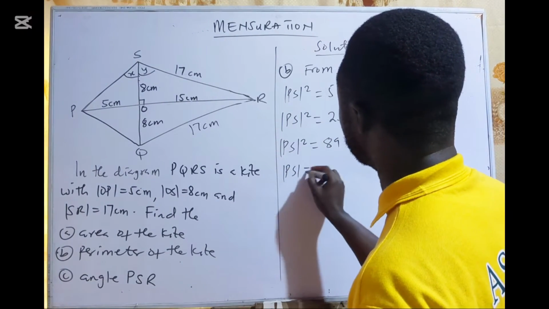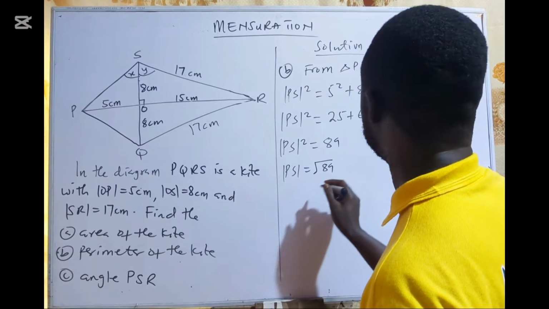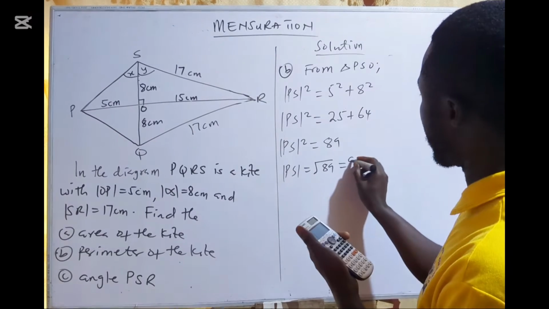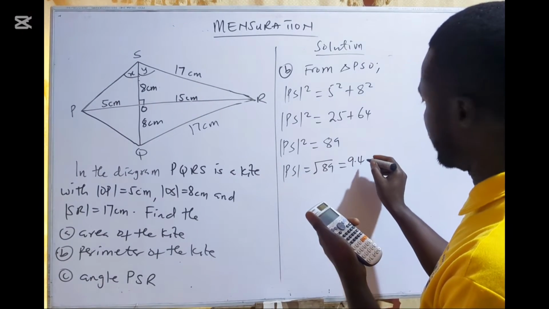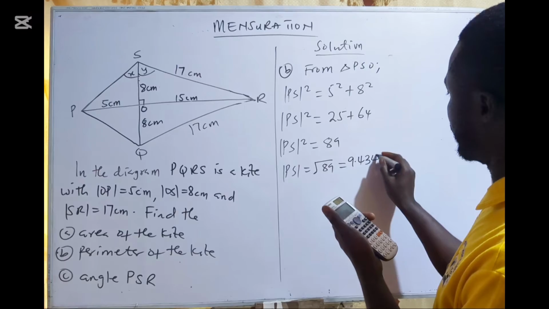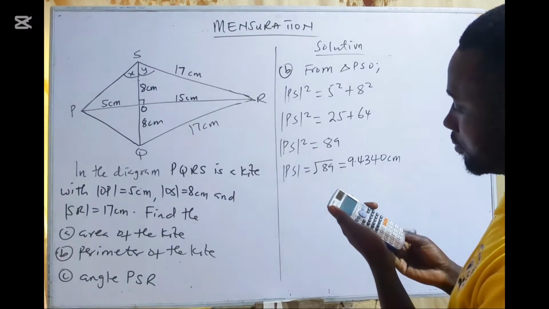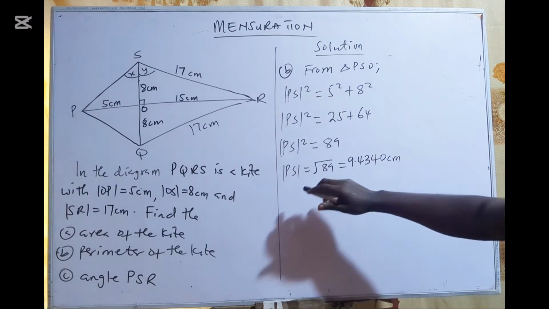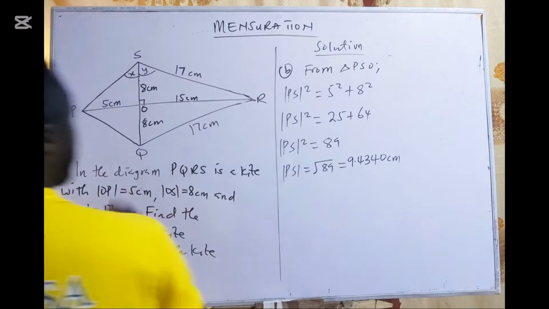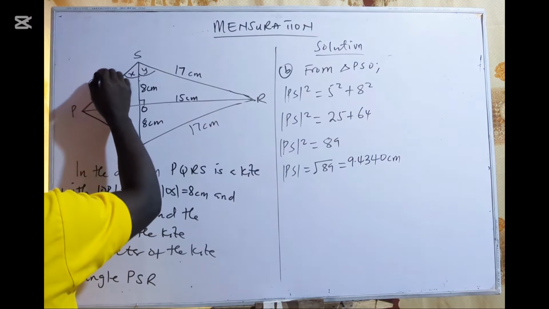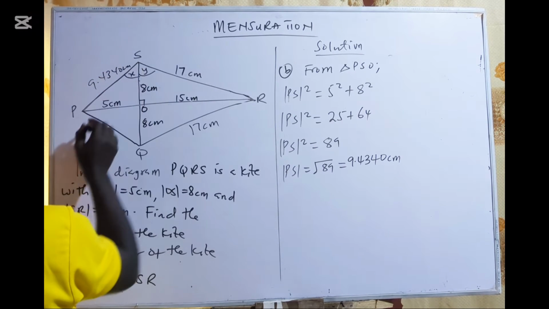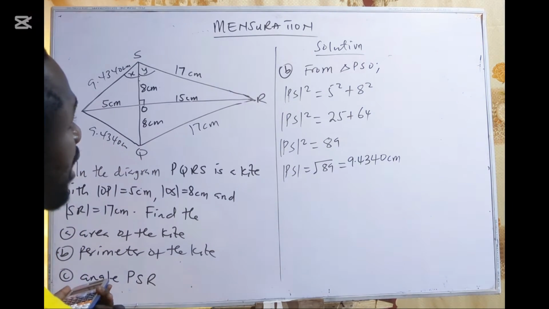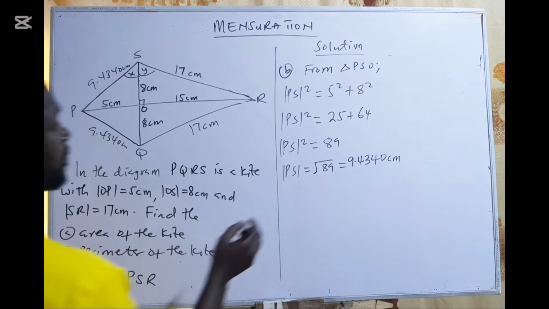So my PS is going to be the square root of 89. And the square root of 89 is 9.4340 centimeters. That is the length PS.